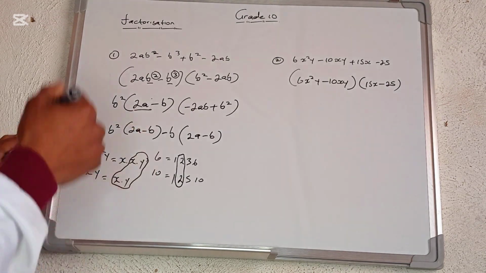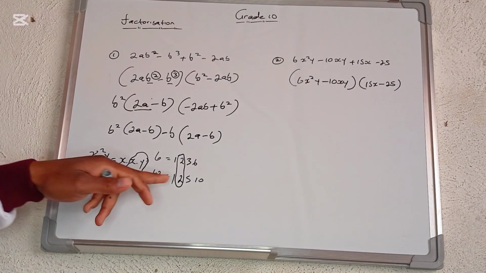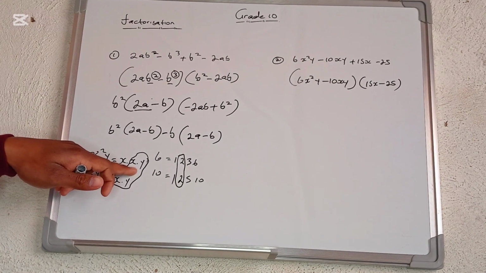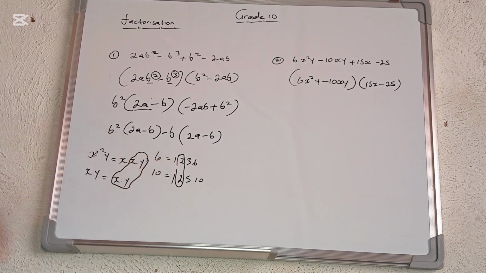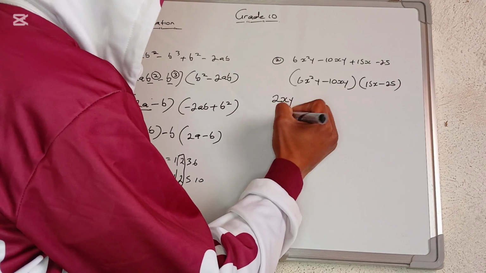So we now already have the common items, which are what? 2 and xy. Because xy and xy, they are common, 2 and 2, they are common. So we're going to say 2xy.